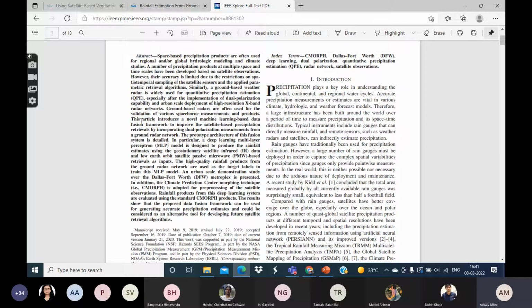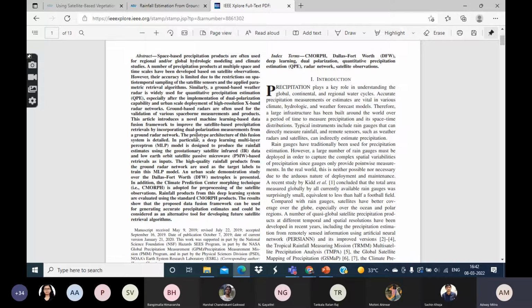This article introduces a novel machine learning based data fusion framework to improve the satellite based precipitation retrievals by incorporating dual polarization measurements from a ground radar network. Right. So, last time they were considering two data sources: the ground radar network and the spaceborne radar. In this case, the ground radar network is still there. Instead of the spaceborne radar, they are using satellite-based precipitation retrievals.